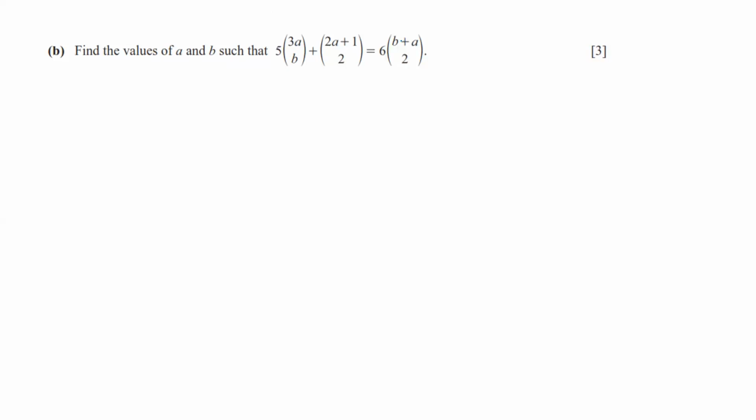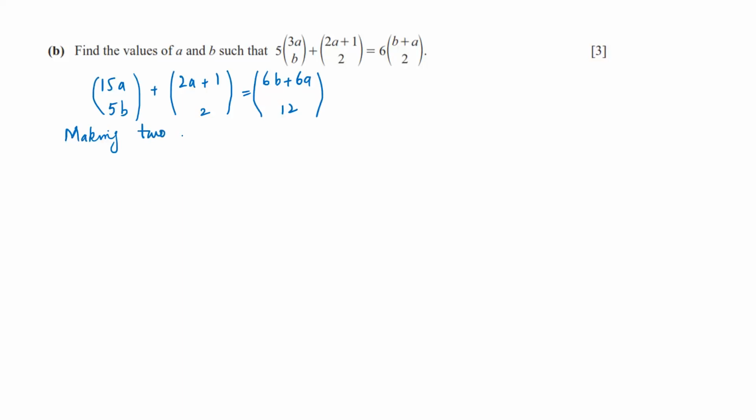So compare the components and make this into two simultaneous equations and solve them simultaneously.